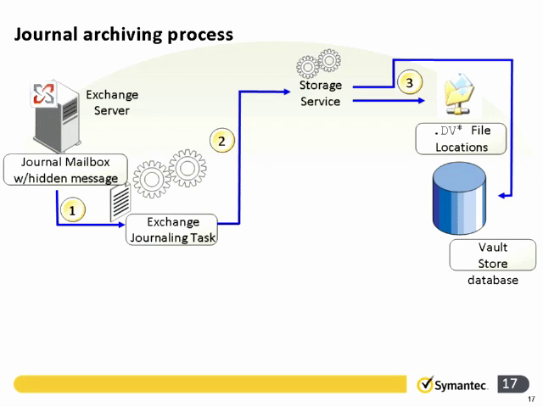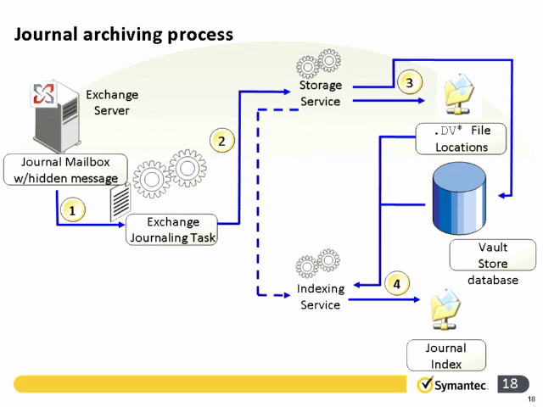Now, we'll talk about here in a moment the concepts of creating the journal archive and determining which vault store we want to associate with the journal mailbox. But not only do we want to store the information that's in this journal mailbox, but we also want to have the ability to index that information.